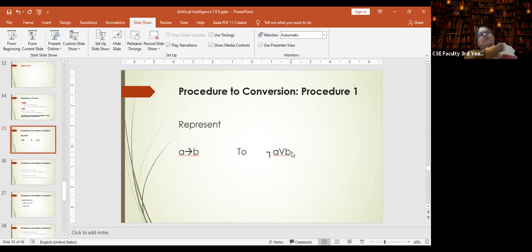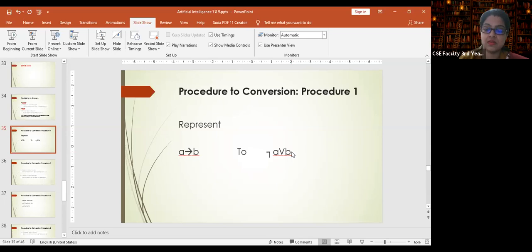Suppose I am saying that if sun is there in the sky, then it is a day. So sun is there in the sky, that is A, and it is a day, that fact is considered as B. If the sun is in the sky, then it is a day, right?